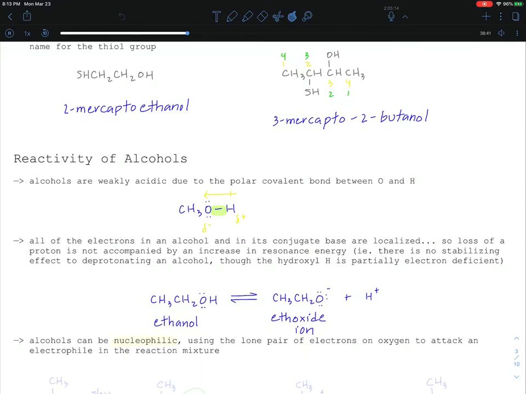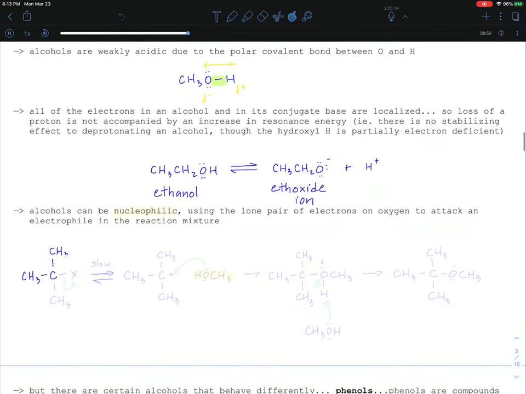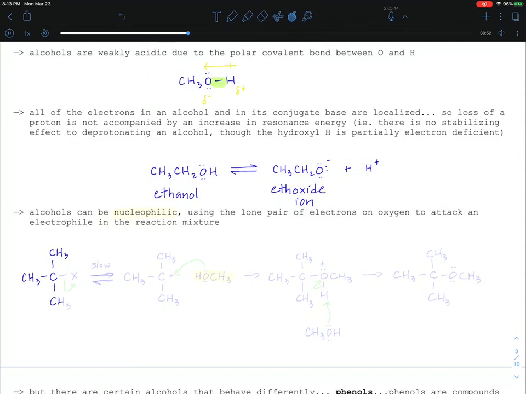And so what if we started out with this as our alkyl halide? We'll just keep it simple and have all these be methyls. We'll just let the halogen be X because it doesn't really matter. If it takes off though, we get a carbocation. And in this case, we're going to get a tertiary carbocation.